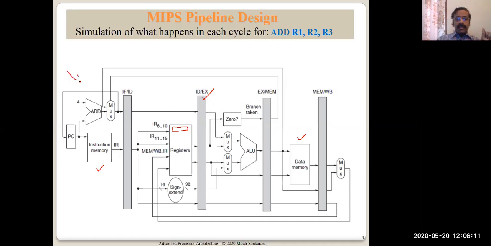Suppose an add instruction is coming, the ALU should perform an add operation. If a subtract instruction is coming, the ALU should perform a subtract operation. That is a control signal for the ALU, which is also passed across the pipeline registers. But control signals which are not very obvious or very important are not shown here for simplicity, because if you show all the signals, it will be too complex to understand the main concept.